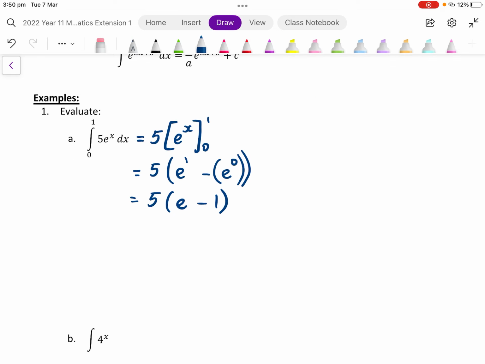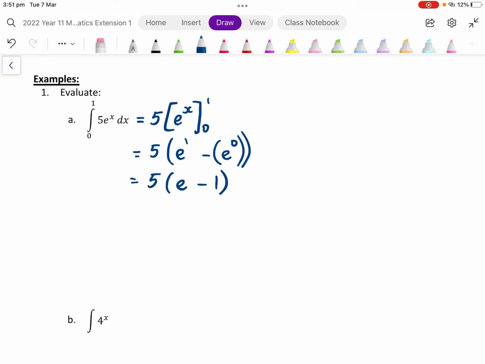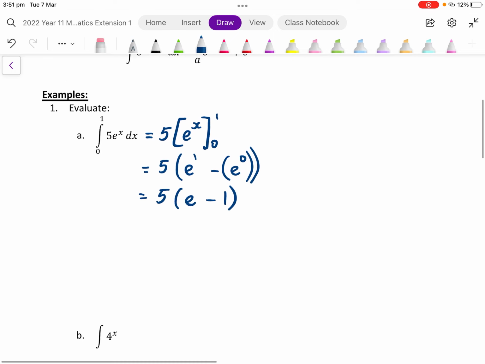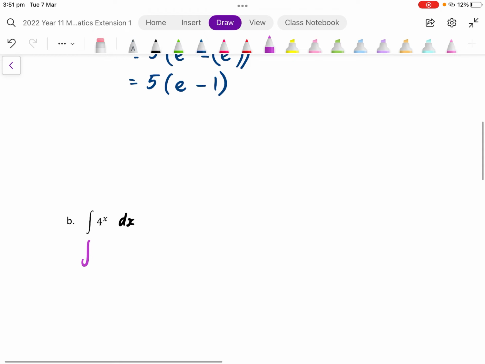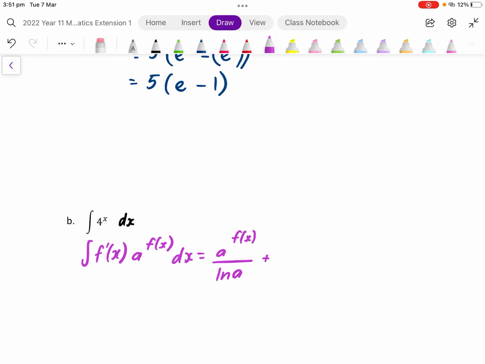Okay, our next example here, we want to find the integral of 4 to the power of x. Oh, I'm missing my dx there. I'll quickly add that on, with respect to x, so we need our dx. So what we need to do for this one is look at our formula for starters. So for our formula, we have the integral of f dash x of a to the fx dx is equal to a to the fx over ln a plus c.